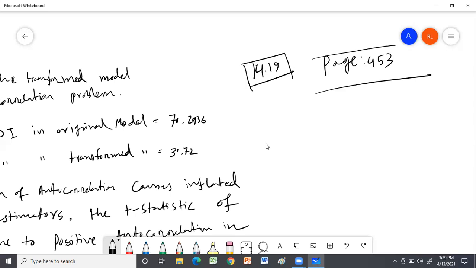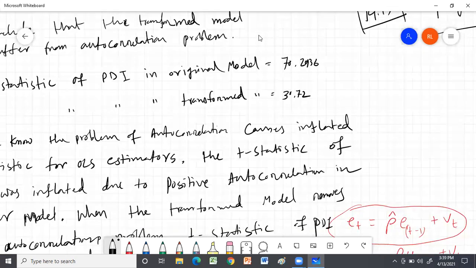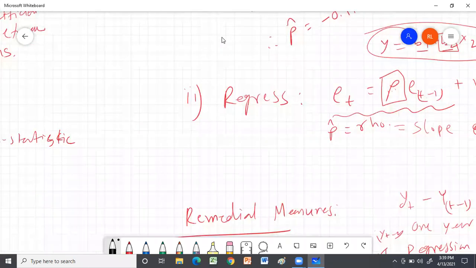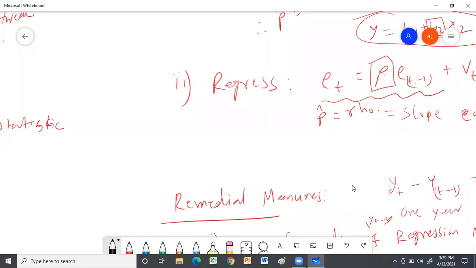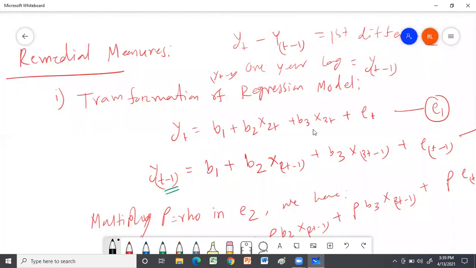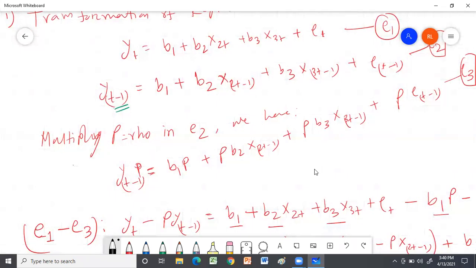Yes, sir. This is the transformation I already showed you in the last class. How many variables were there? It consisted of only 2 independent variables, right? Here they have given you how many independent variables? 3. So it's the same approach and the same remedial measure that I took for the transformation to remove the autocorrelation problem.